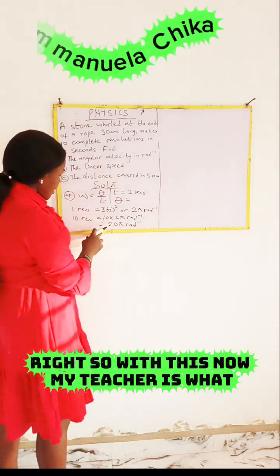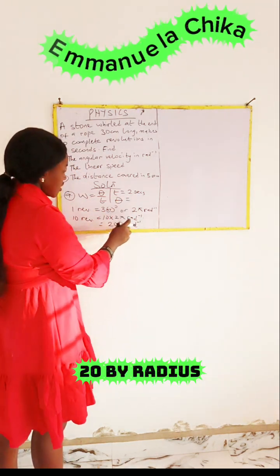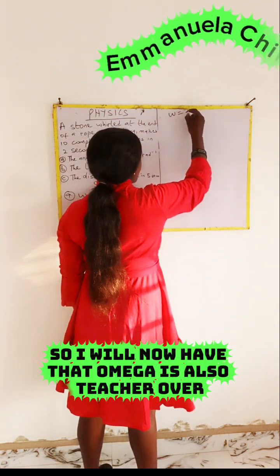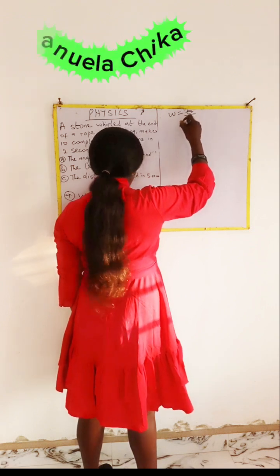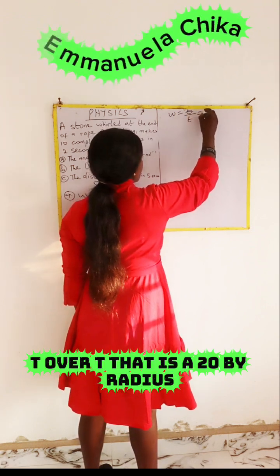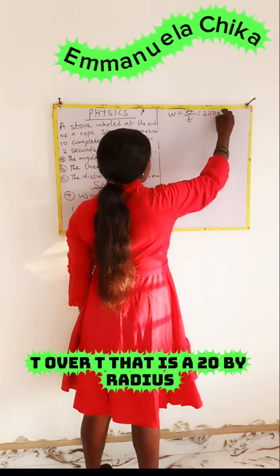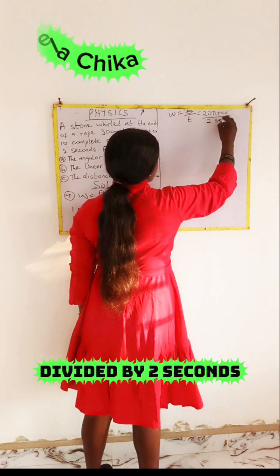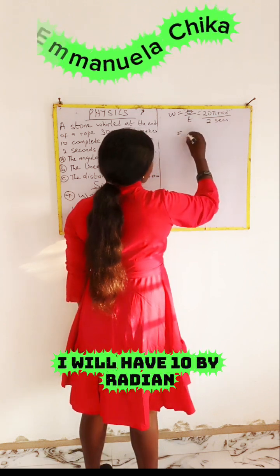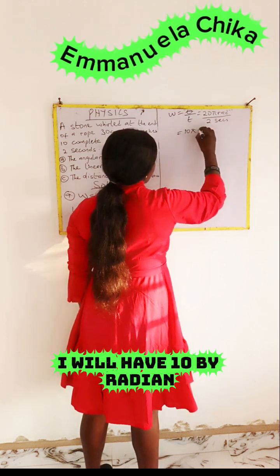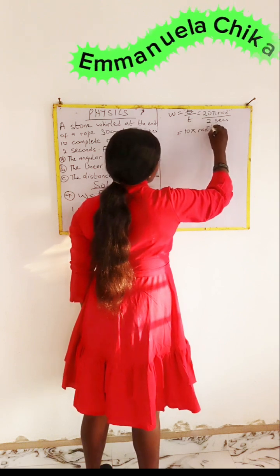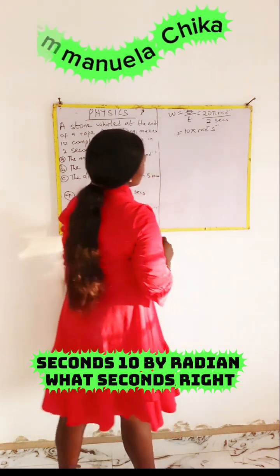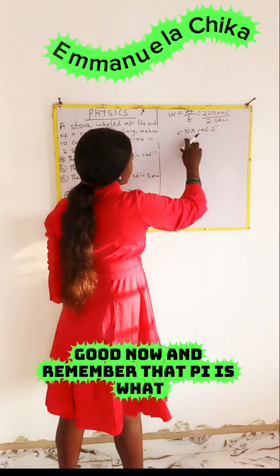So with this, my theta is 20π radians. So omega is equal to theta over t. That will be 20π radians divided by 2 seconds. I will have 10π radians per second.